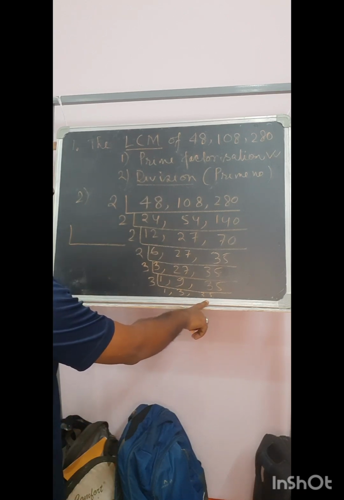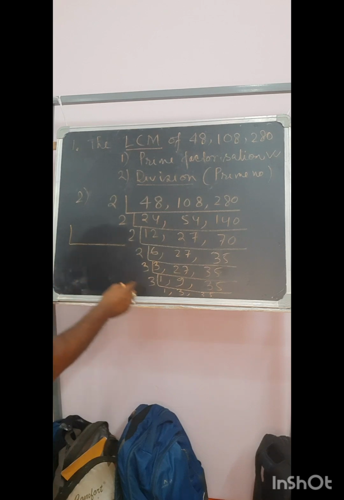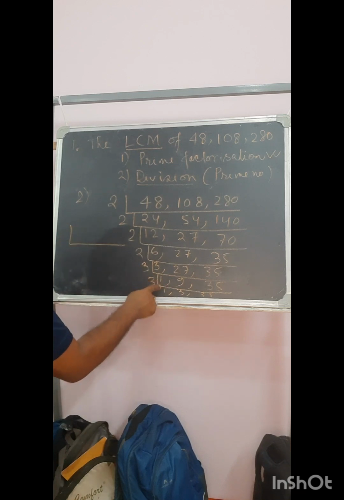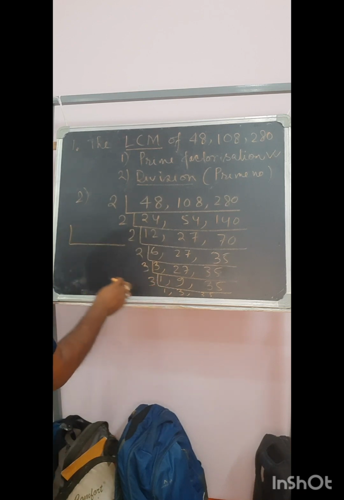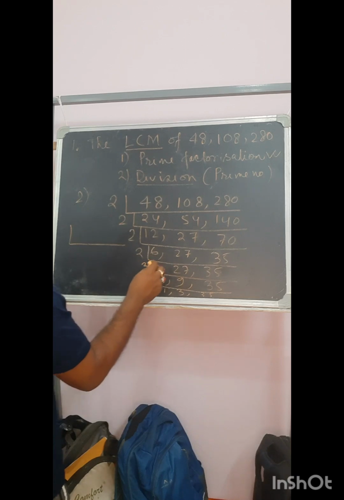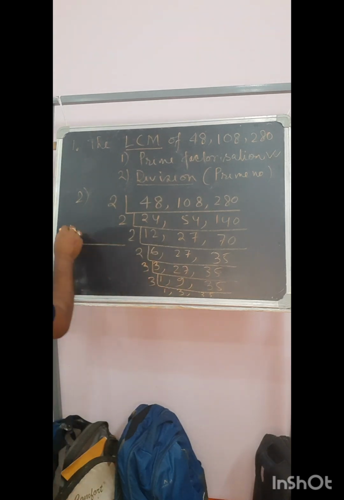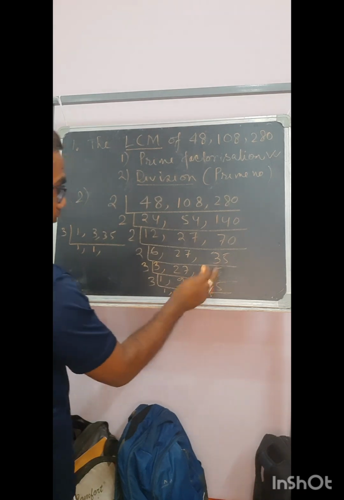There is no common factor, so the end number is 1 3 3 1 3 3 0, and another 3 will come because 1 3 35. So I can again continue until it comes to 1.